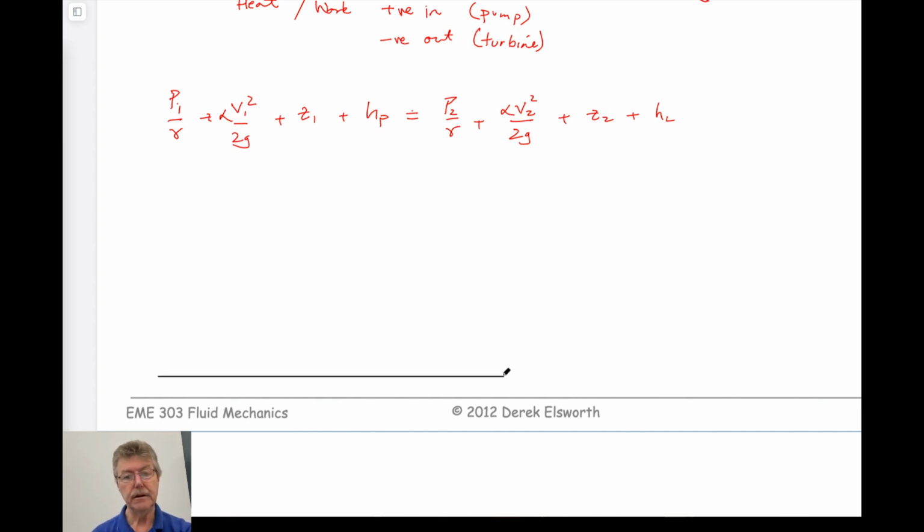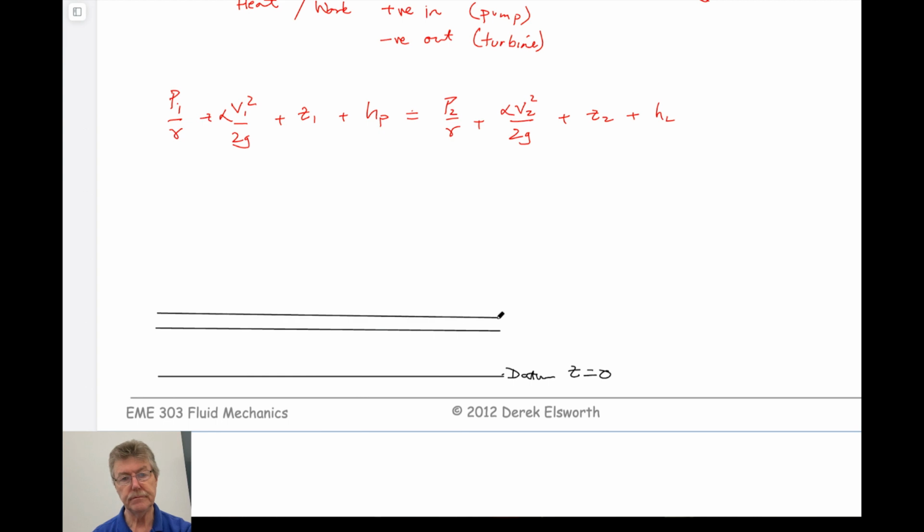So if we have a datum where Z is equal to 0. And we have our pipe going from left to right. And that pipe has a flow coming out of it at V2, or a flow going into it at V1.